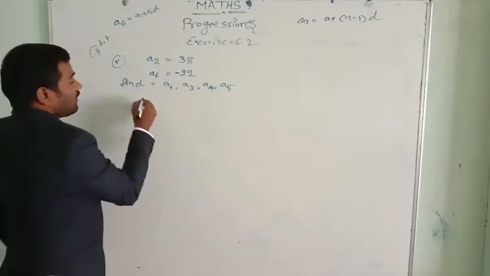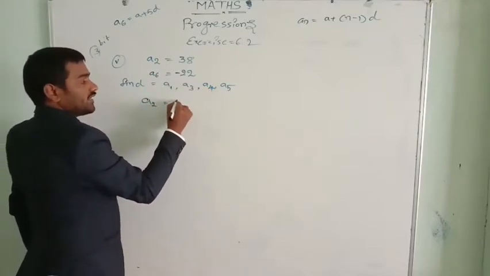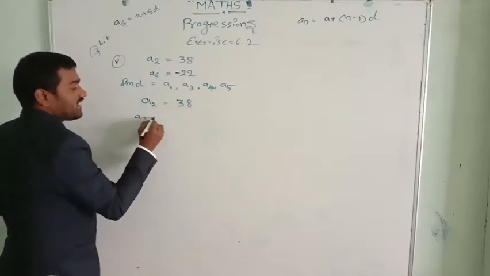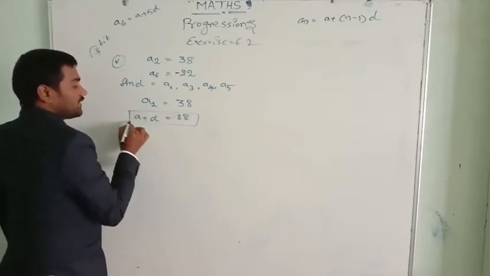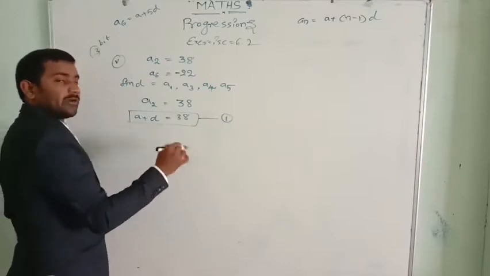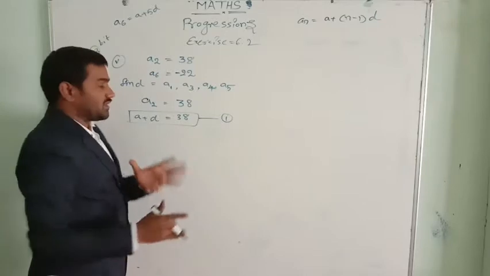Very simple. Let us take A2, which is given as 38. A2 is A plus D, that equals 38. Here there are two unknown terms. Let us call this equation number 1. There are many questions based on this kind of problem.